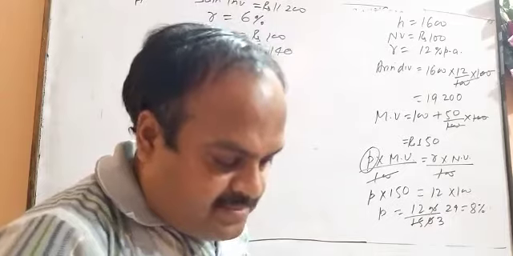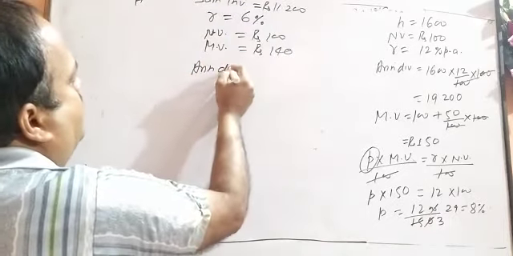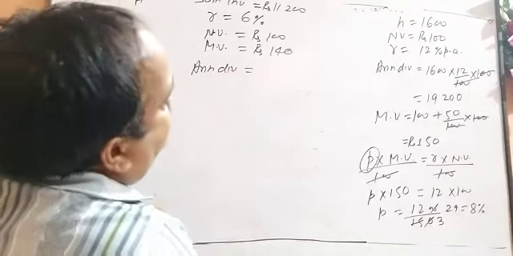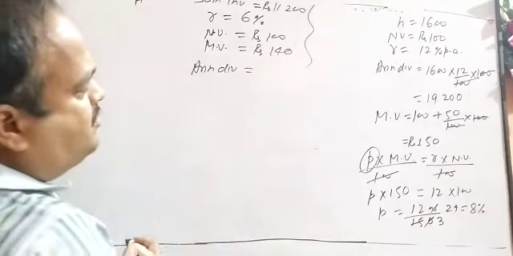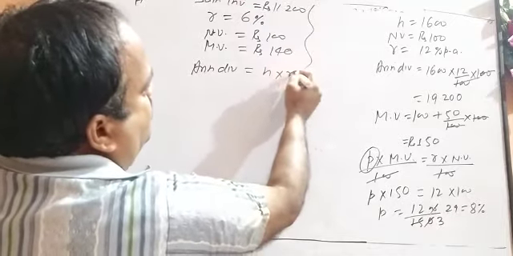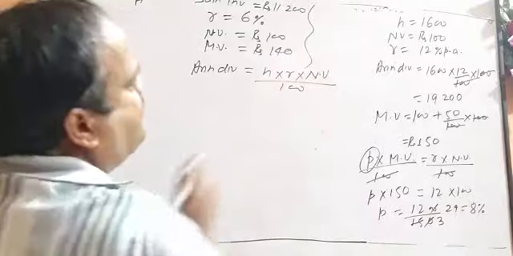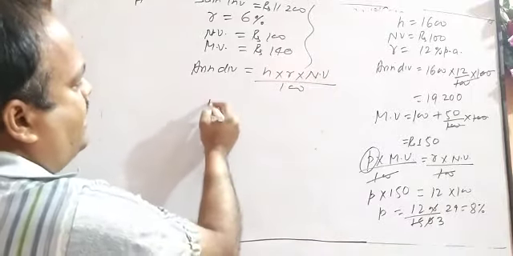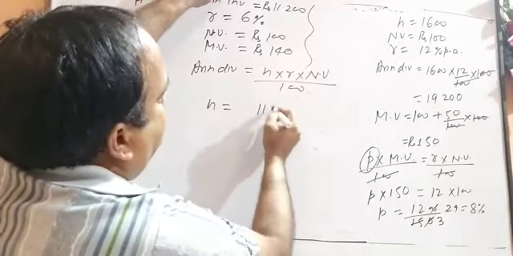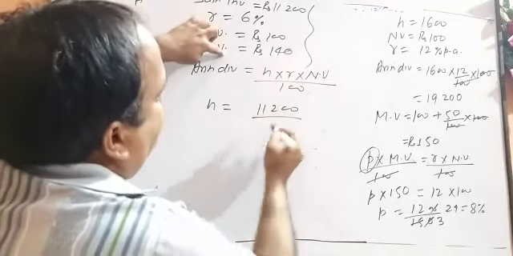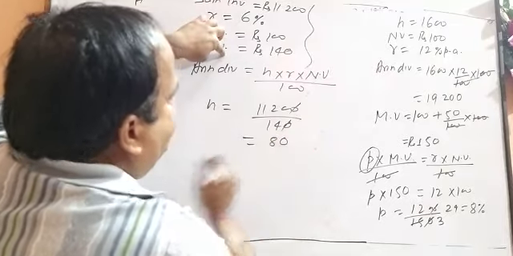First one, annual dividend. Annual dividend is equal to number of shares into rate of dividend into nominal value upon 100. Number of shares we do not have, so N is equal to sum invested upon market value, which is 80.